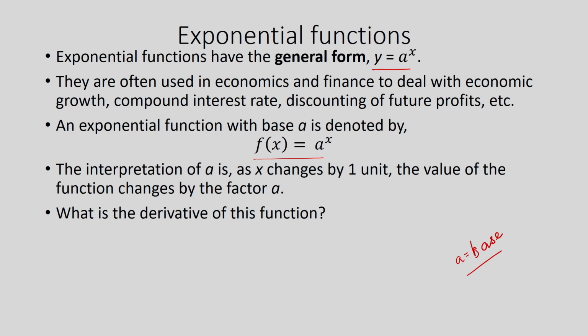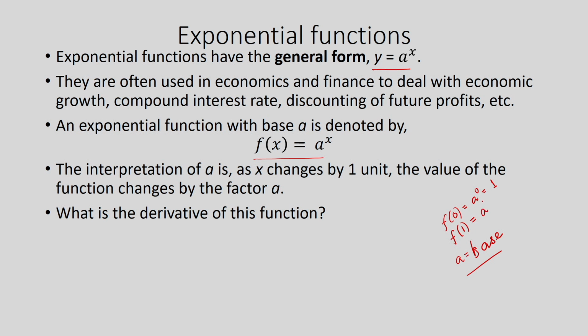What is the interpretation of this base? The interpretation of the base is, as x changes by 1 unit, the value of the function, that is f x, changes by this factor small a, right. And you can see, suppose you take f of 0, f of 0 will be a to the power 0, which is 1. Now, you take f of 1, that is, x is changing by 1 unit.